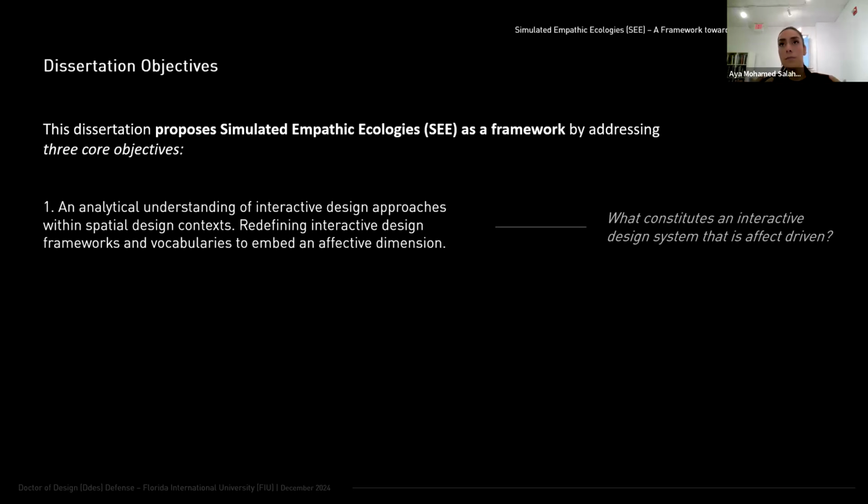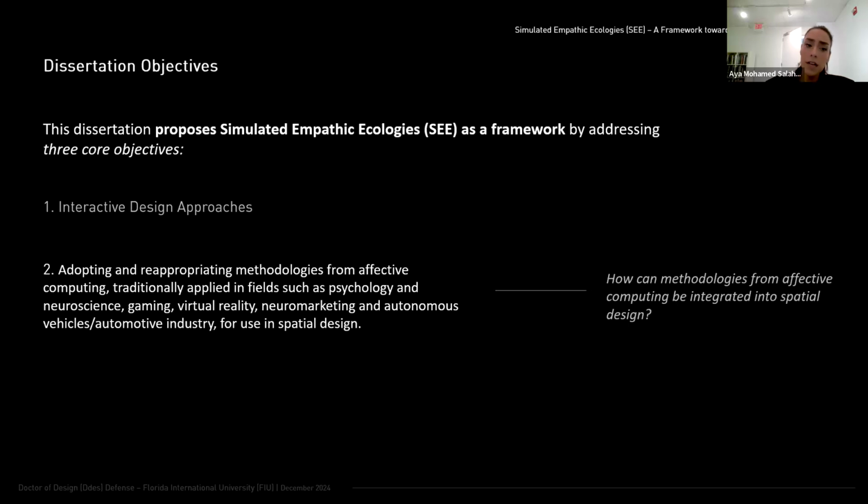So in a way, there's no reinvention of the wheel here. My approach was more of adopting, re-articulating and synthesizing existing methodologies and approaches within interactive design, as well as adopting and reappropriating methodologies from affective computing, which have been escalating in multiple fields, such as neuroscience, obviously psychology, but also gaming and virtual reality, neuromarketing, and autonomous vehicles, and the advancements happening with affective computing in these domains far supersede any architectural or spatial design integration.